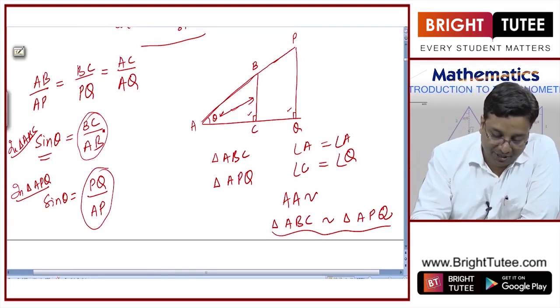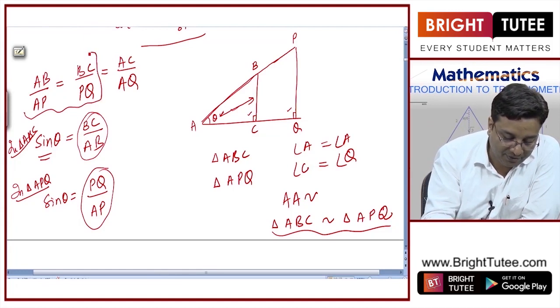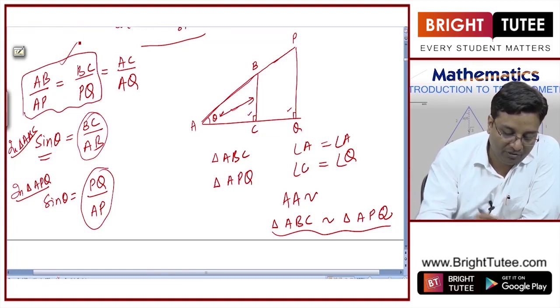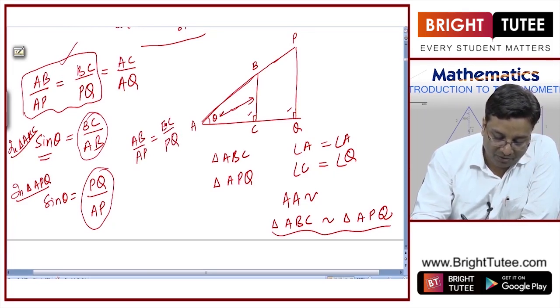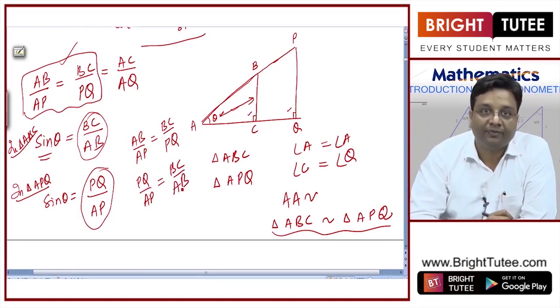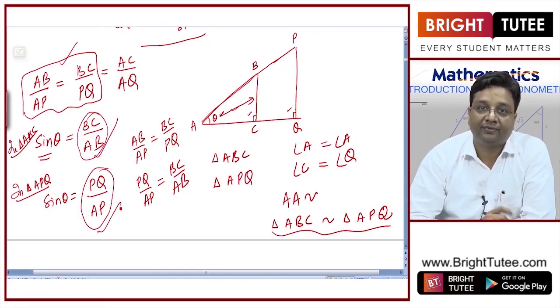So let us see BC upon AB. So how can we create BC upon AB from here? Let's use this one. If you use this equality, AB upon AP equals to BC upon PQ. From here you can say BC upon AB, let's bring this PQ here, PQ upon AP is equal to BC upon AB, right? So this ratio is equal to this ratio, right?